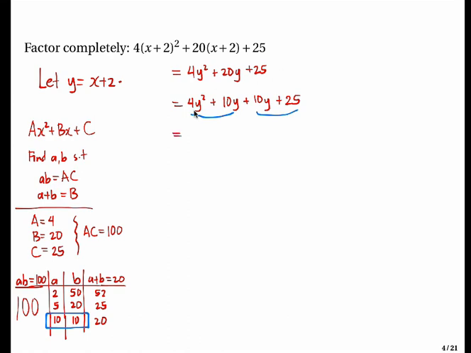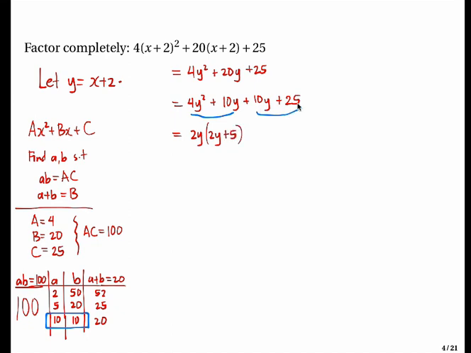So in the first group here, we can factor out 2y, because both of these terms here are divisible by 2y. So we can factor out 2y, and what's left inside is the expression 2y plus 5.